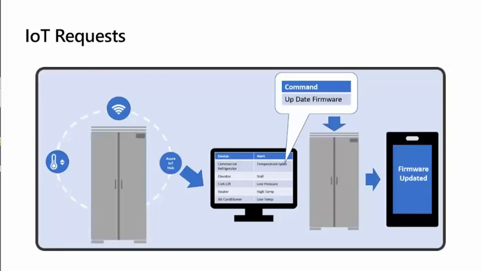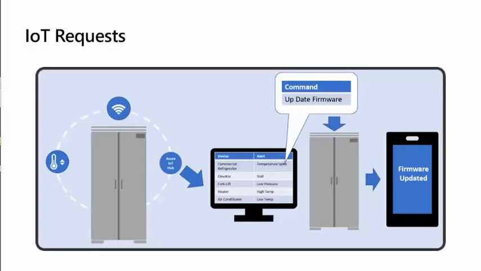And what happens is if the temperature spikes, we might have something that lets us know, hey, we had a temperature spike, and a common fix for this is going to be that a firmware needs to be updated. Well, because the IoT device is actually connected to the internet, it's going to send all of that information out.